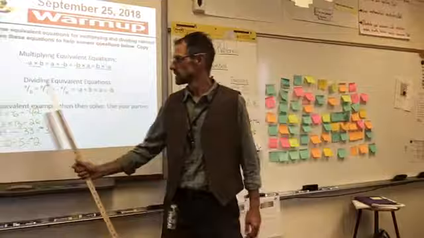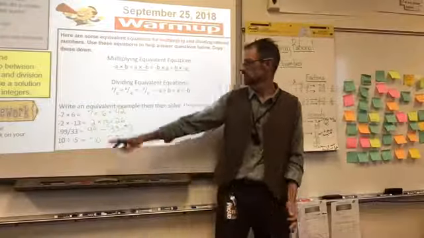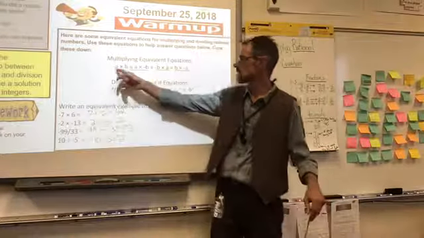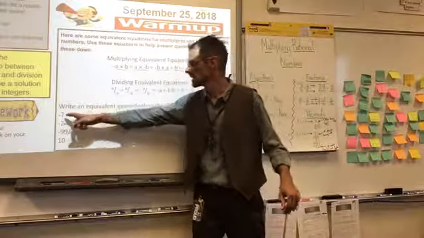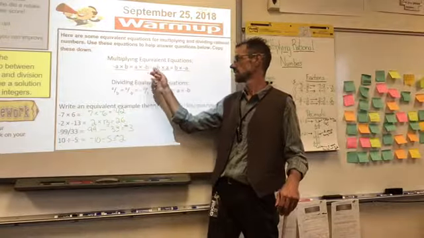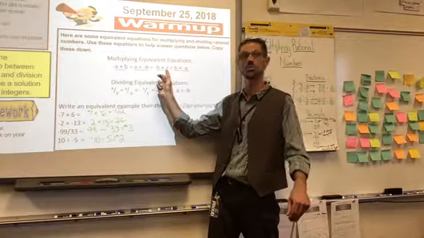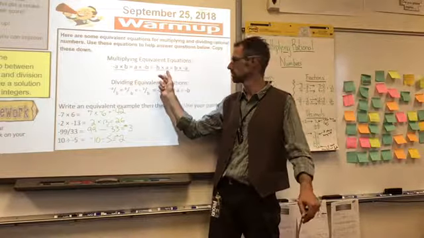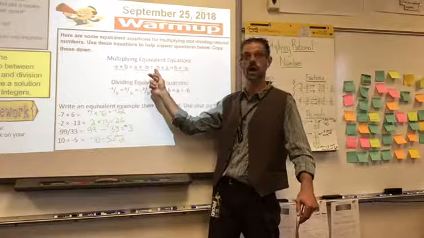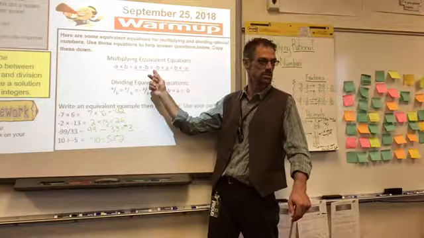Okay. So equivalent example. Lots of different ways I could write this. You can see all the different ways. If 7 was A, it could be in the front, it could be in the back. I can change the value, but not the absolute value, as long as the other answer changes.